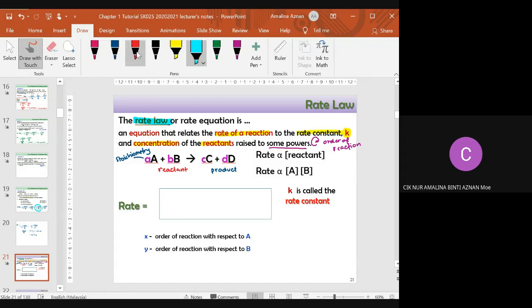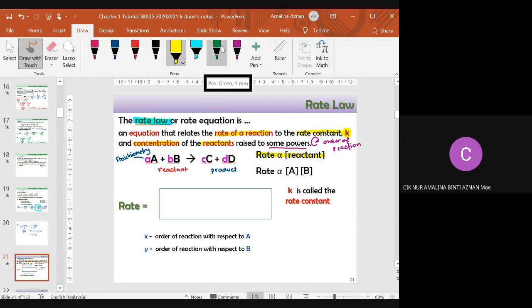Rate is directly proportional to the concentration of reactant. So if there are two reactants as in this case, rate is equal to concentration of A to the power of its order, times concentration of B, the second reactant, to the power of its order. How do we write this? We write it in the form of unknowns, because we don't know yet what power to raise to.